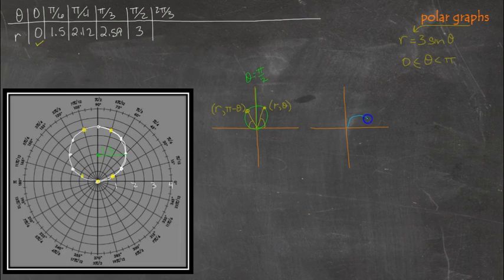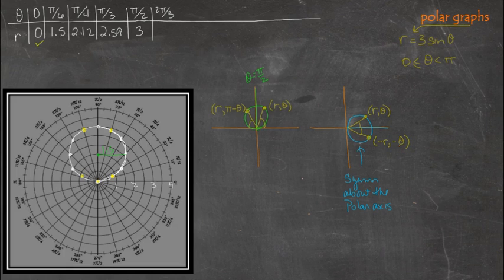Okay, if you have symmetry around the x-axis, like this, we actually have a special name for this. We say that we have symmetry about the polar axis. For obvious reasons. This is the polar axis, so the symmetry is about the polar axis. And labeling for that is that if you have a point r, theta, so radius and theta, then you also have a point guaranteed at minus r and minus theta.